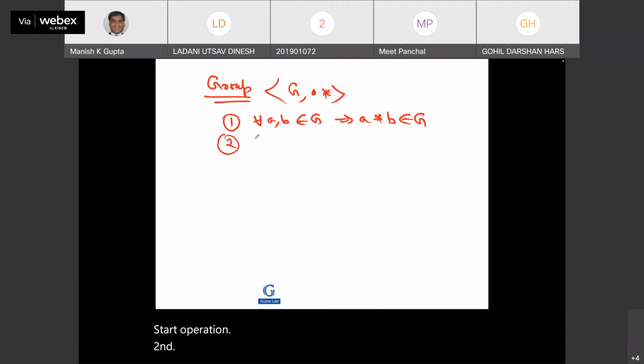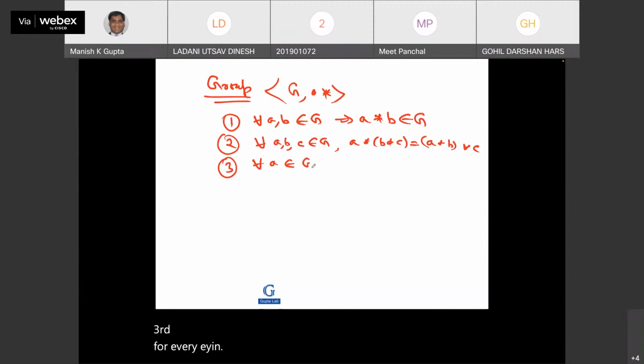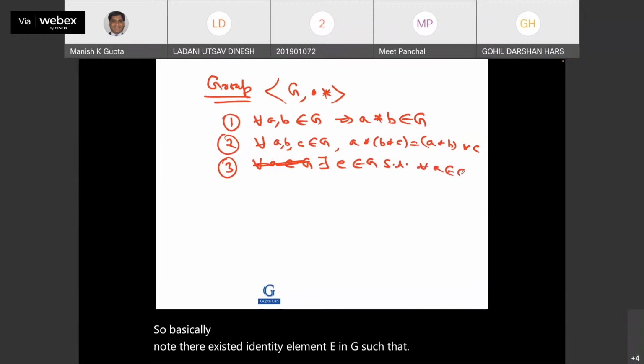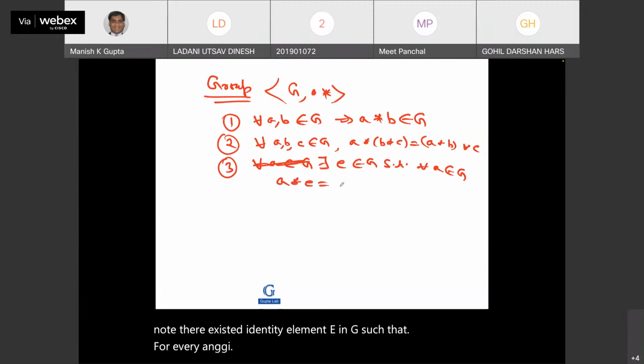Second, associative: for every a, b, c in G, we have (a star b) star c is equal to a star (b star c). Third, there exists an identity element E in G such that for every a in G, a star E is equal to a is equal to E star a, right?